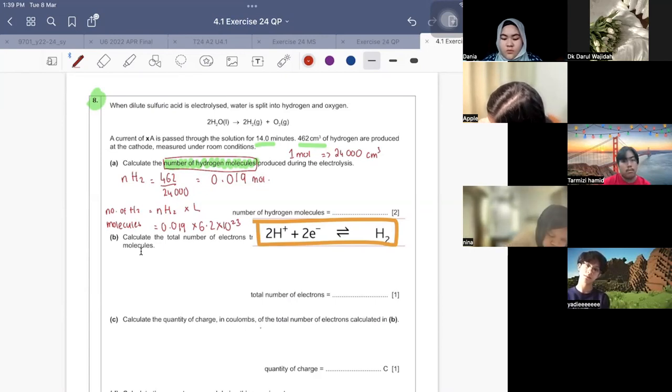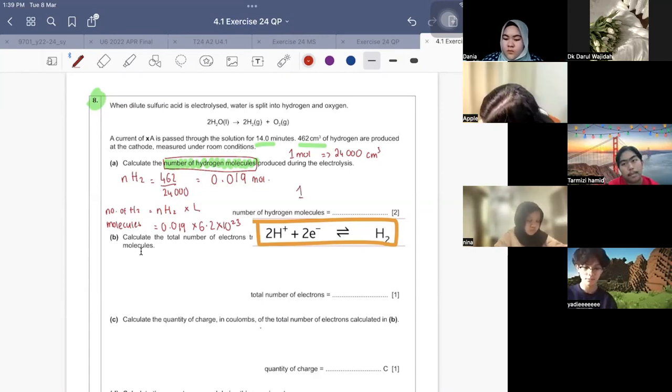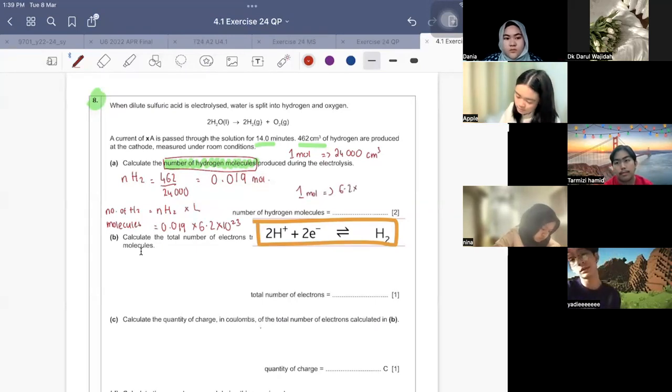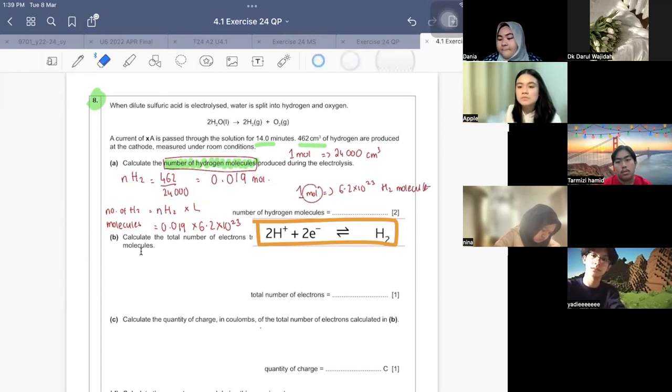of hydrogen molecules. So what's the difference between number of moles and number of hydrogen molecules? Okay, in 1 mole of hydrogen molecules, there are 6.02 times 10 to the power of 23 hydrogen molecules. So there is a difference, the mole and just the number.